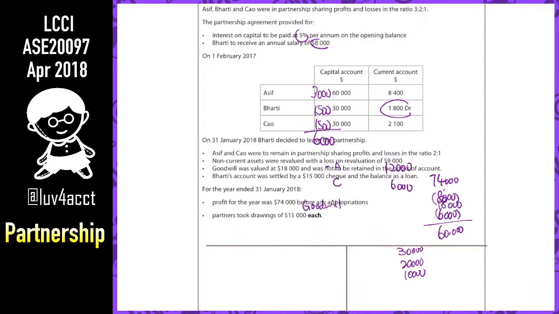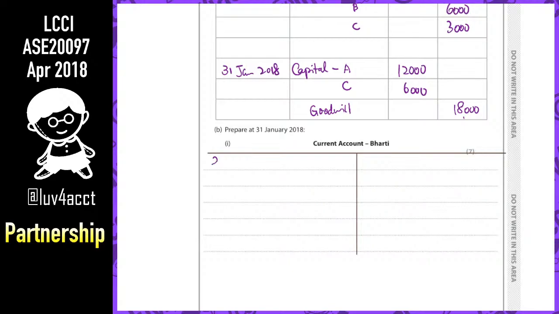So 1,800, year 2017, 1st of February. Okay, the balance 1,800. Year 2018, 1st of January. Okay, appropriations.